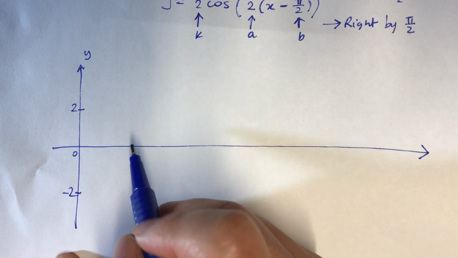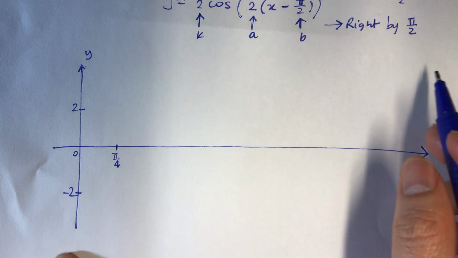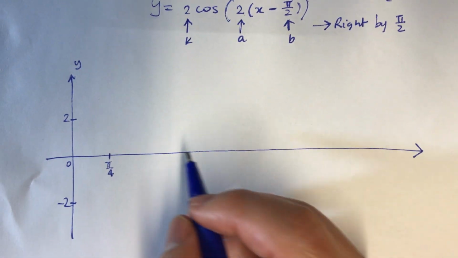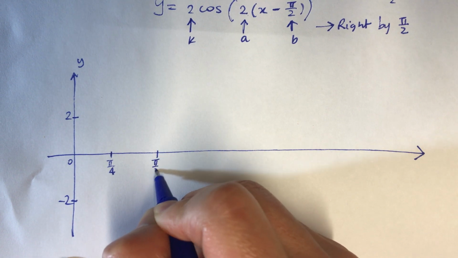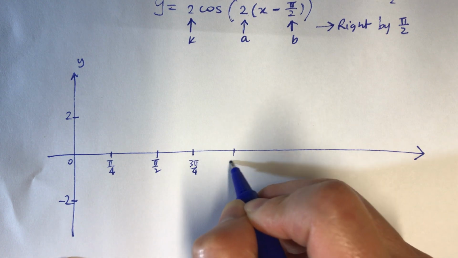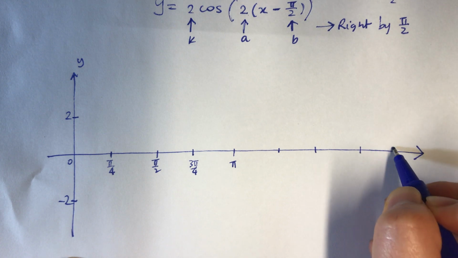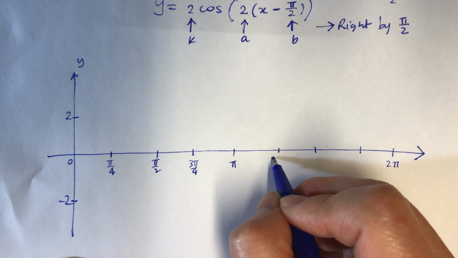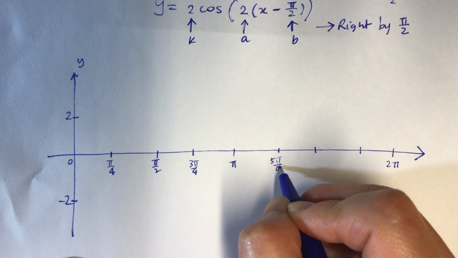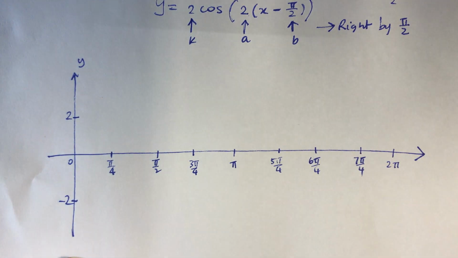And then I'm going to go pi over 4, pi over 2, 3 pi over 4, pi. So that's one thing. So 4, 5, 6, 7, 8.